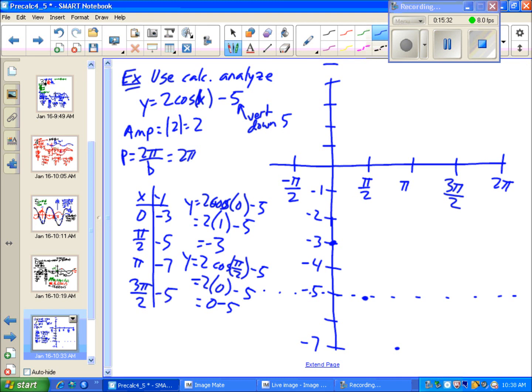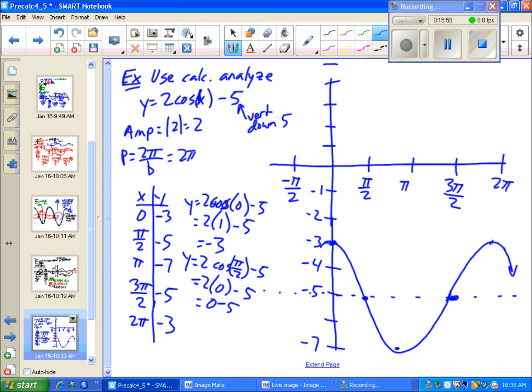So 3 pi halves, right there, negative 5. And then our 2 pi: the cosine of 2 pi is 1. 2 times 1 is 2. 2 minus the 5, negative 3. So we went back up to this negative 3.